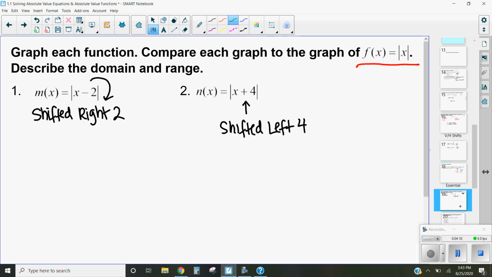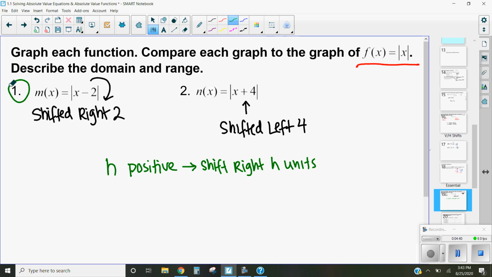So when we're talking about h, when h is positive, we shift to the right h units. That's how we say that. So in function number 1 here, m of x equals the absolute value of x minus 2, we shift to the right 2 units.